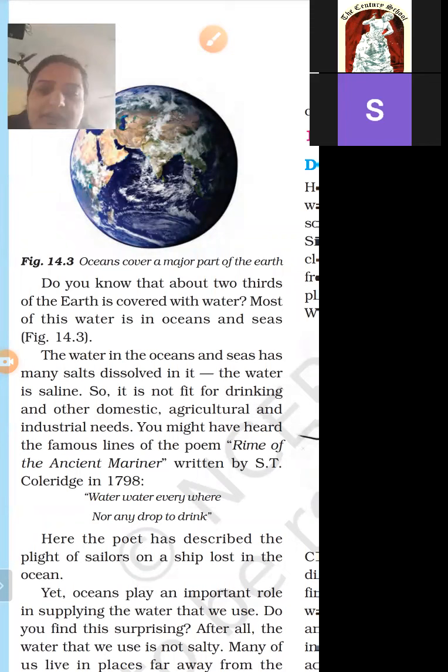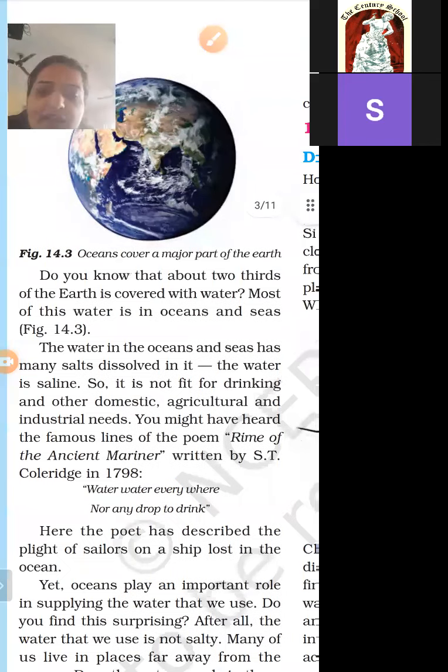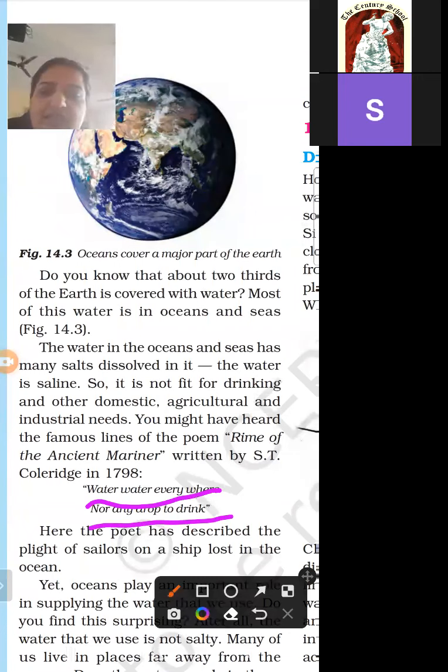So there is so much water, but we have not a drop to drink.